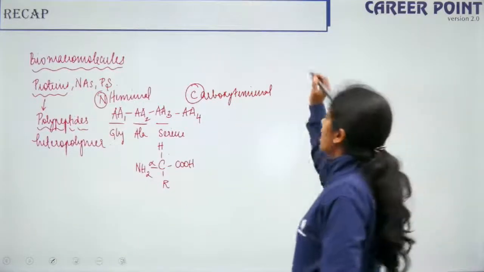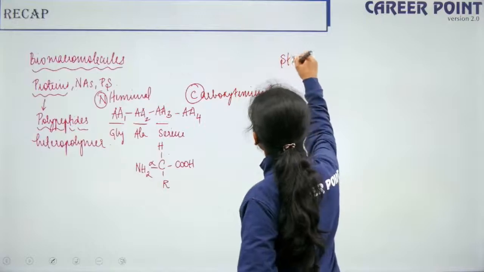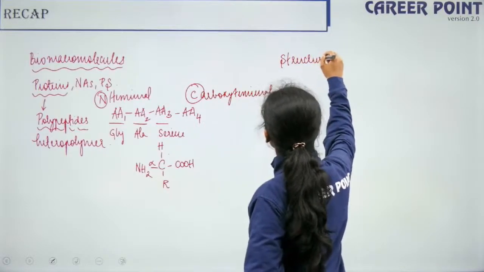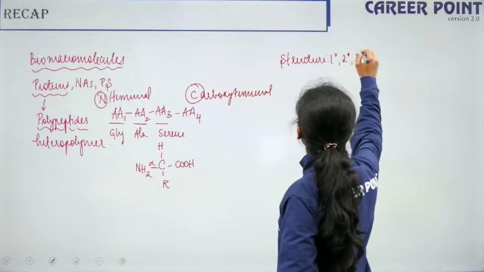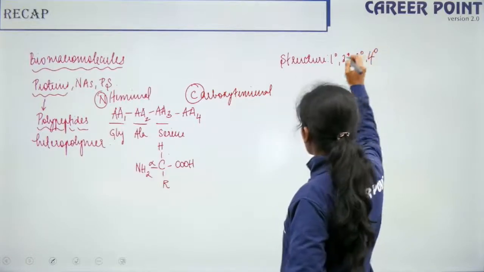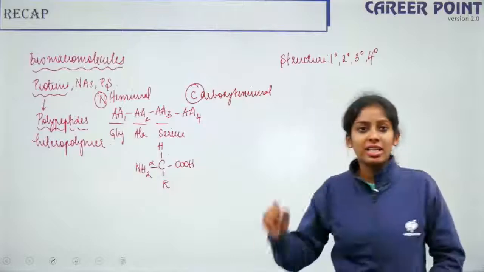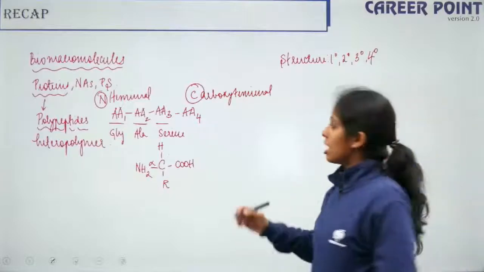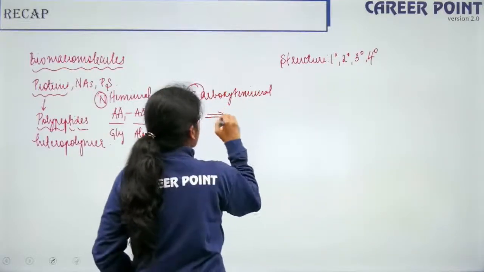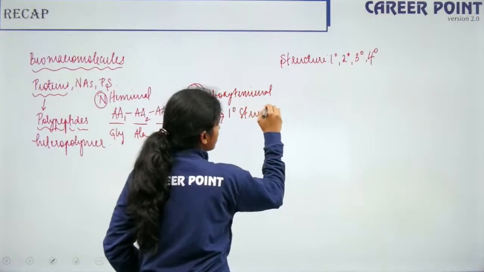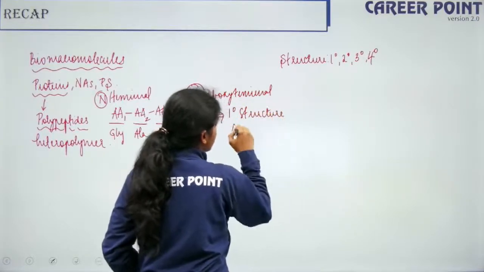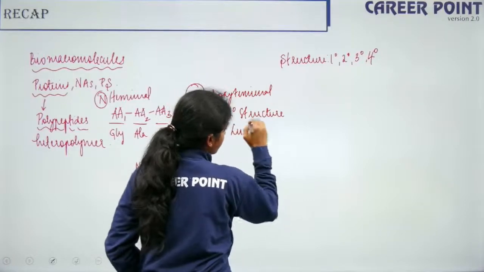So when you talk about the structure of proteins, the protein structure can take up to 4 stages. So you have the primary structure, the secondary structure, the tertiary structure and the quaternary structure. The primary structure is a linear sequence of amino acids. So this is your primary structure, or you can say the linear chain.